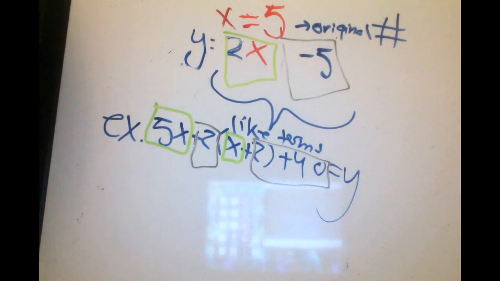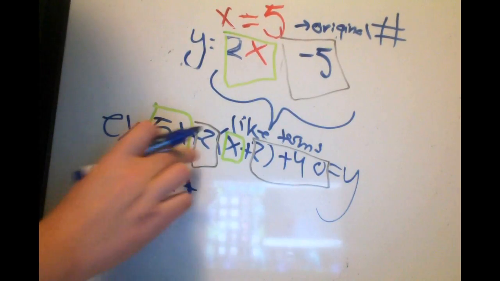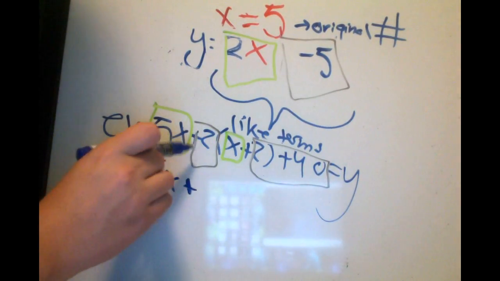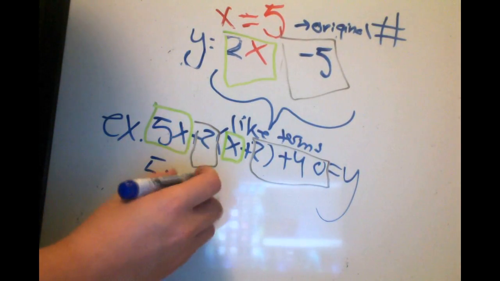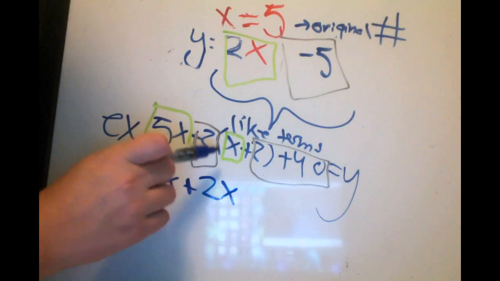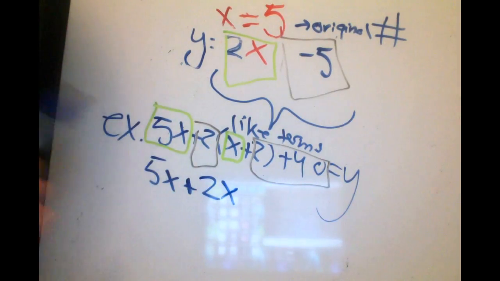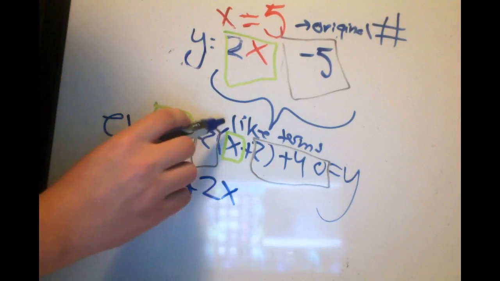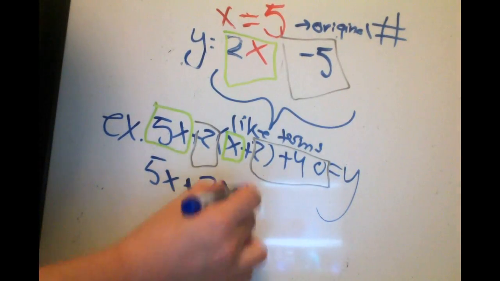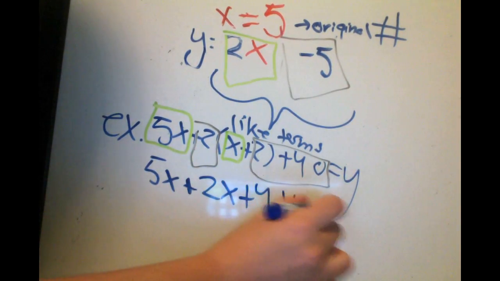Like in BEDMAS, you do multiplication of the attached number of the brackets. So 2 times x equals 2x, since x without a number in front of it is just considered 1 in front of it. Plus 4, plus 40.